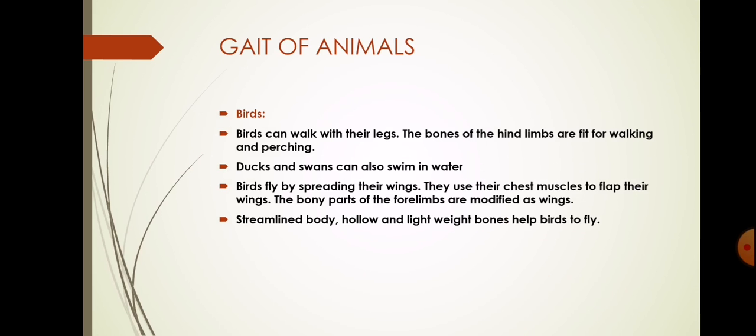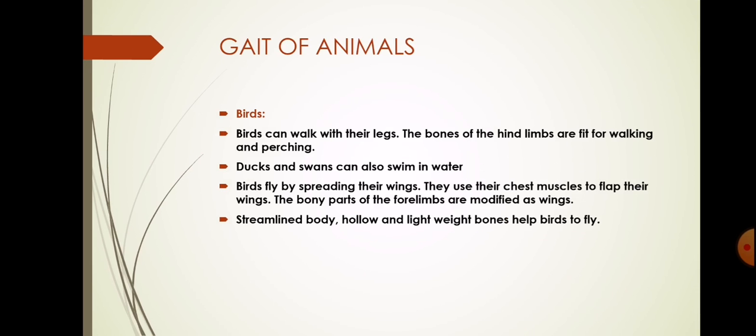Here we have already discussed that there are basically animals with an endoskeleton and an exoskeleton. If the skeleton system is inside the body, those are endoskeleton animals, like a tiger and other animals, or ourselves, we are endoskeleton animals.